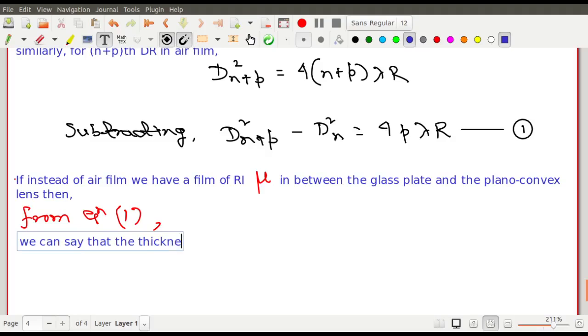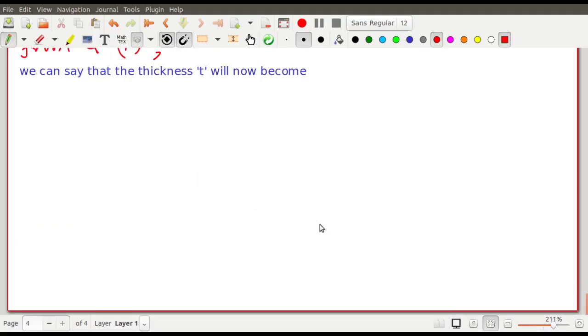the thickness T is to be multiplied with mu.